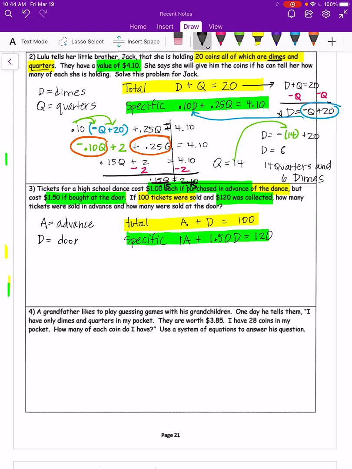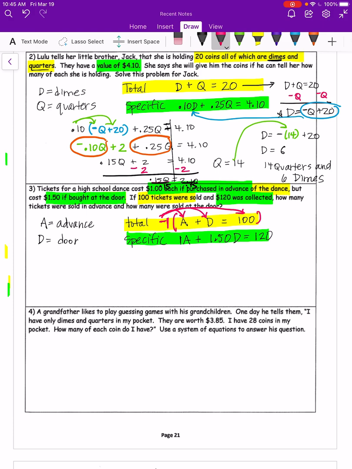Now, I said I'm not going to solve this, but I do want to point something out. Notice this one has an A and an A and then a D and a D, but notice they're both ones. I could take and multiply this first equation by -1, for all of these, and use elimination instead of substitution.